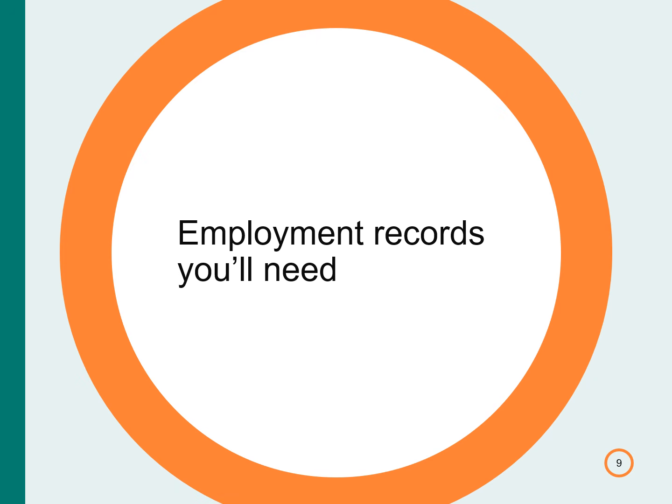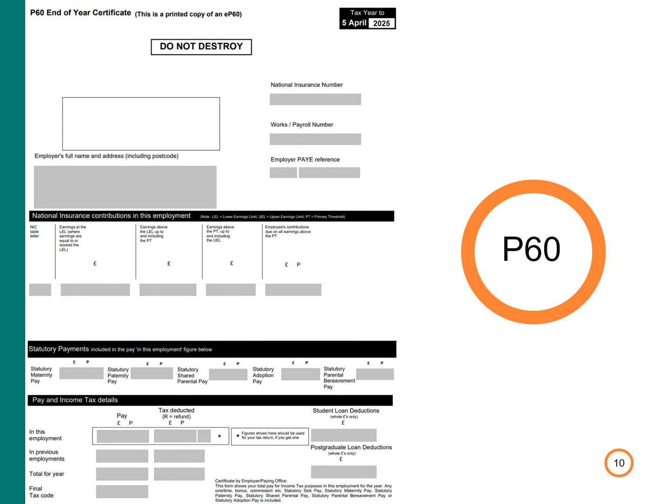So let's look at the records you'll need when filling in or checking the answers on the employment page. You'll need your P60 from your employer. You'll only get a P60 from an employer you were with at the end of the tax year. That's the 5th of April.